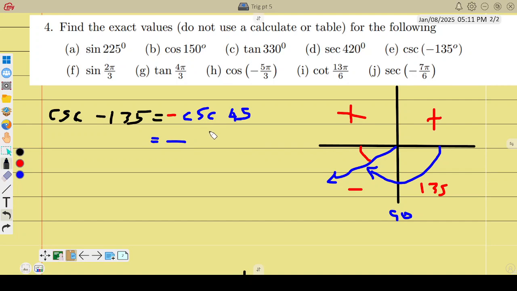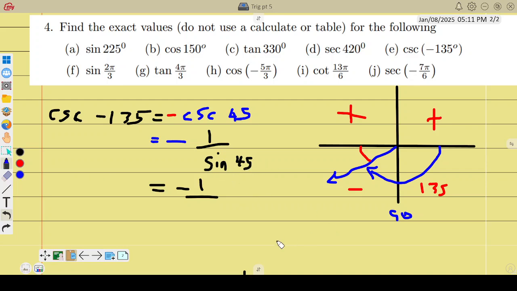We said we can write it as 1 over sine, if you remember your part 4 very well. Since we have 45, it's 1 over sine 45. So we have to work with sine 45. At least this one we can calculate. So we have negative 1 over, what is sine 45?